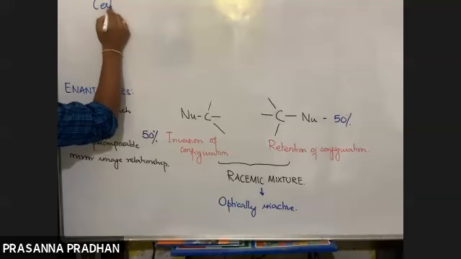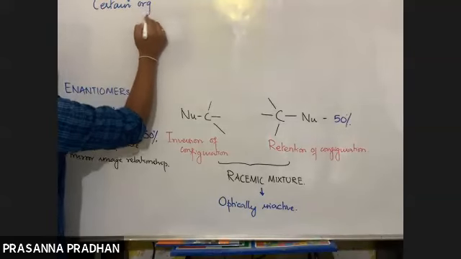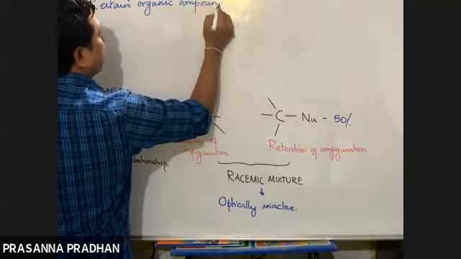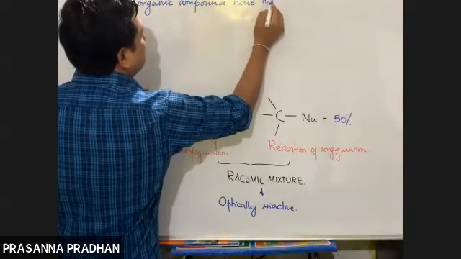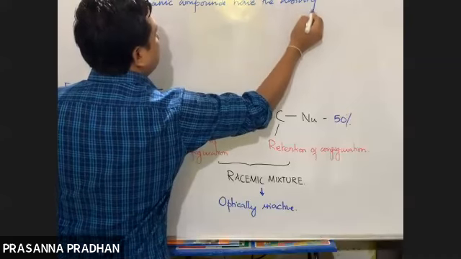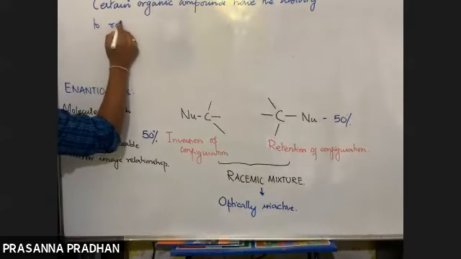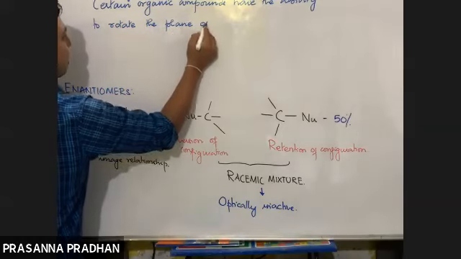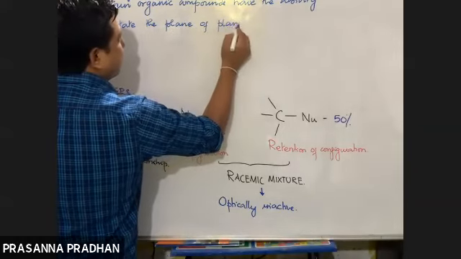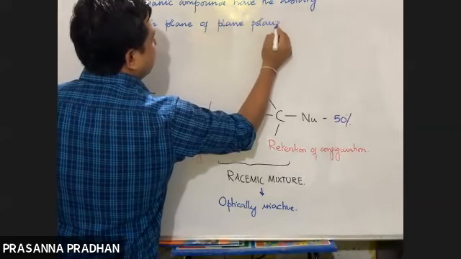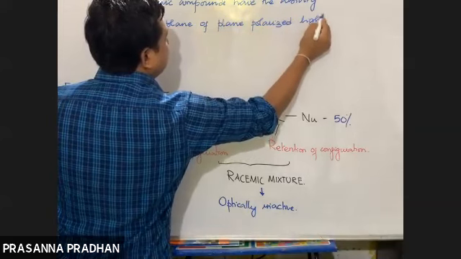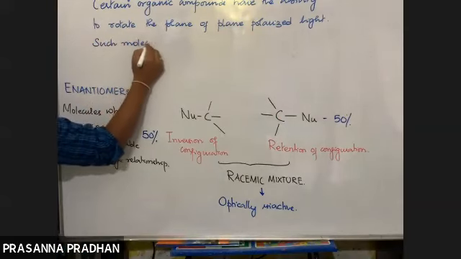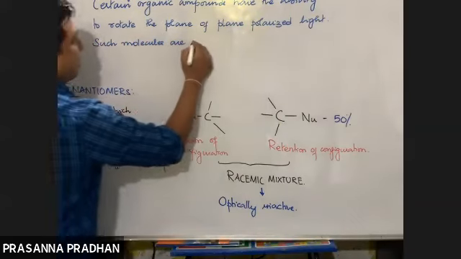So what do you mean by optically active compounds? Certain organic compounds, not all, have the ability to rotate the plane of plane polarized light.